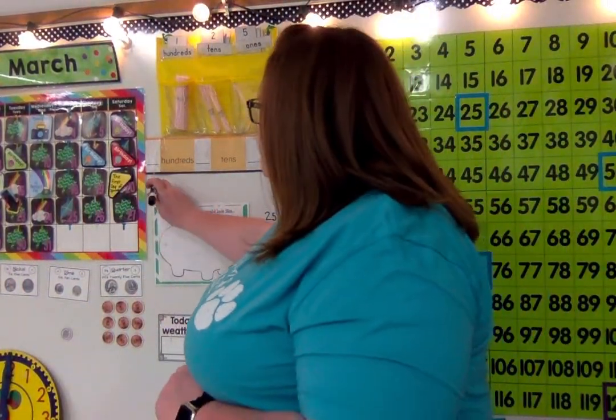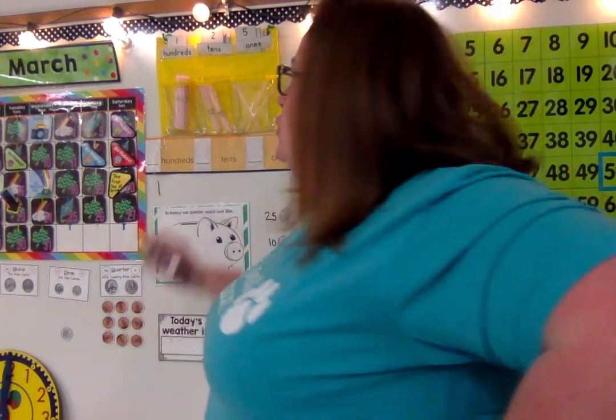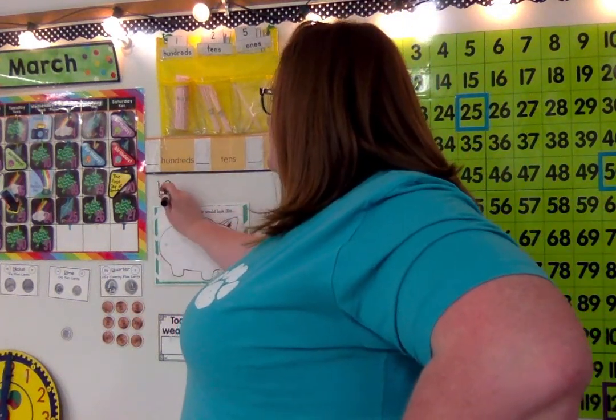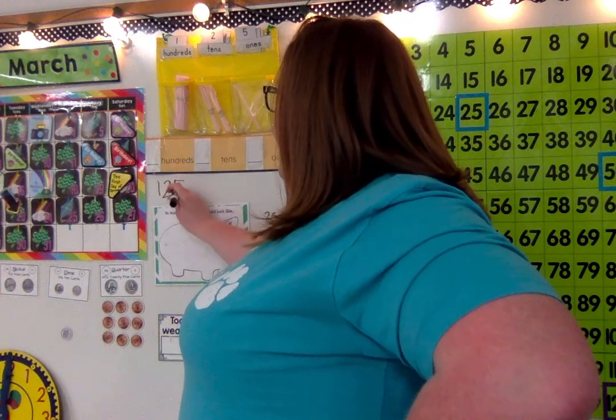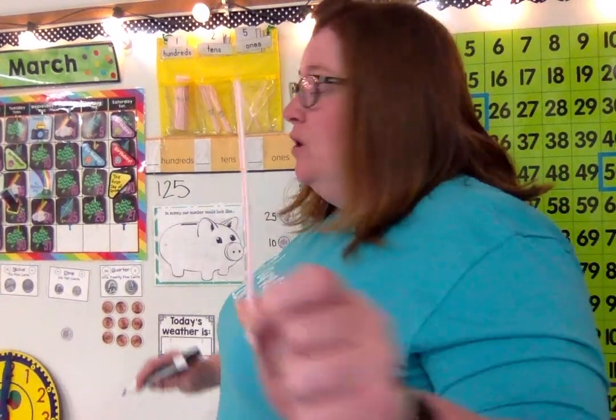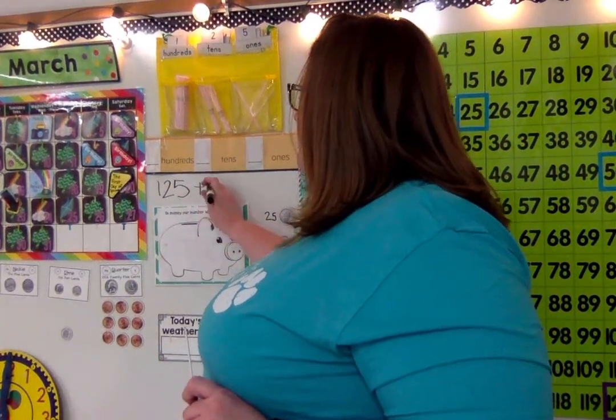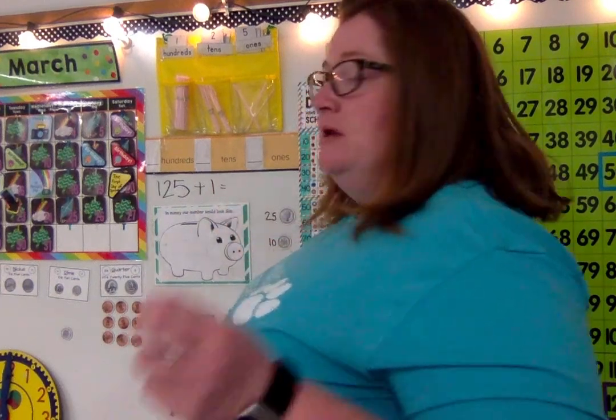They're so cool. Okay, yesterday we had 110. We had 100, 2 tens, and 5 ones. So we were in school for 125. We're going to add 1 more. Remember, we put it with the ones.